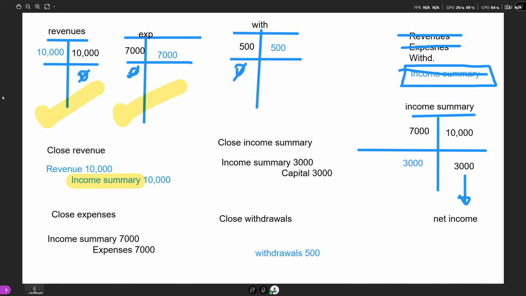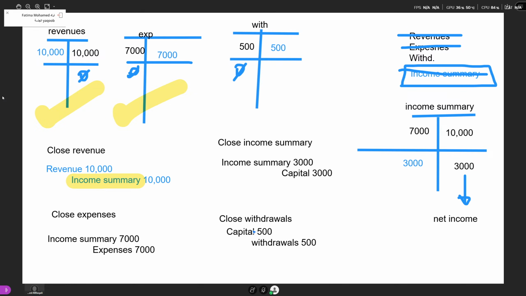What do I need to debit? To close withdrawals, I need to credit withdrawals by the balance, which is 500.